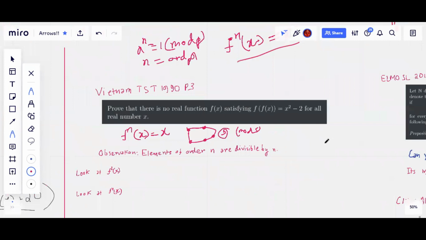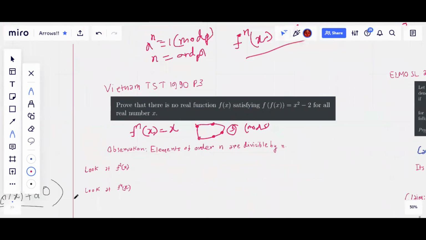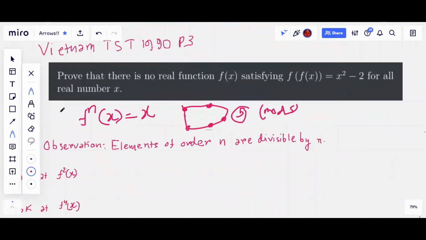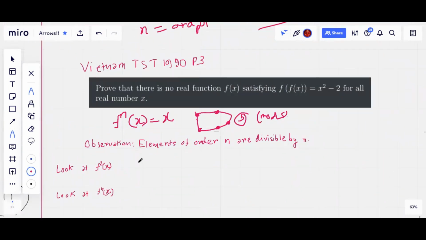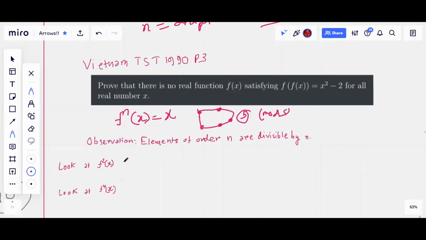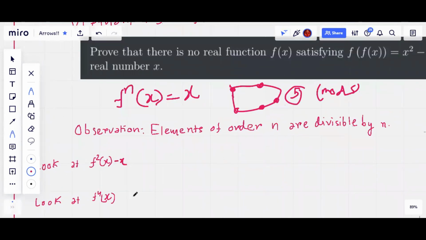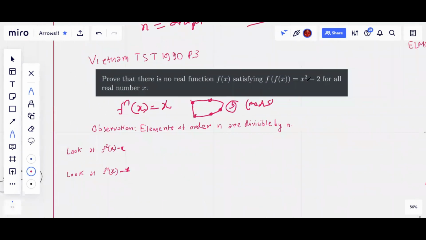I think you should be convinced, and if you're not convinced yet, then just take an example and see that this is true. Now the idea is to look at f of f of x minus x, which is f of f of x minus x. We know that f of x is x square minus 2.